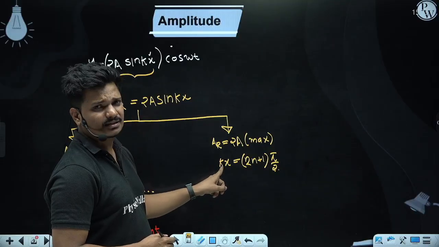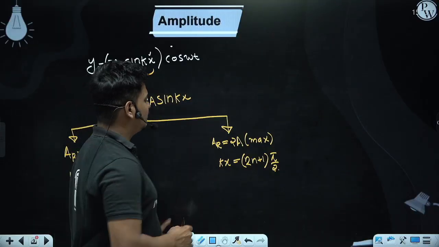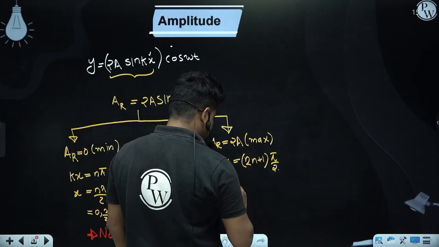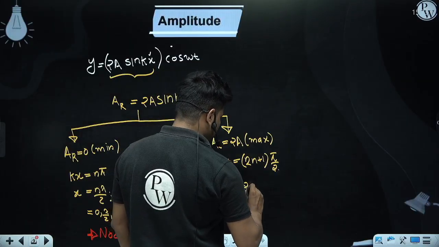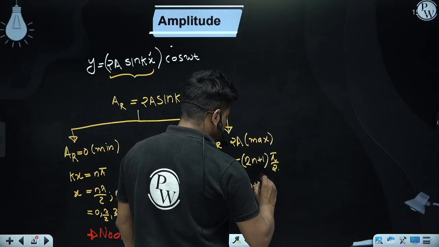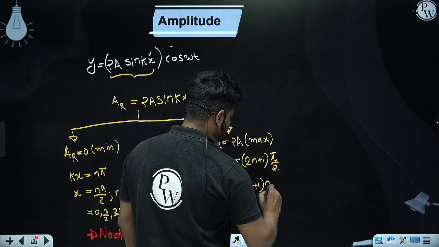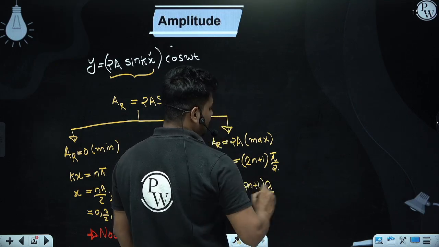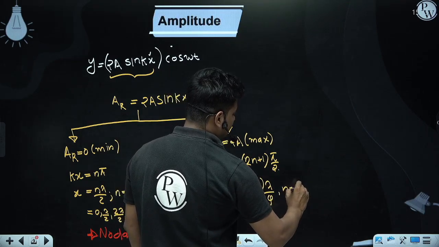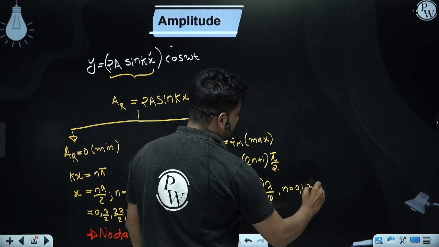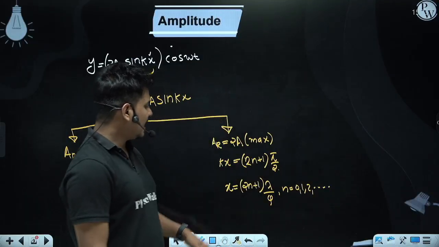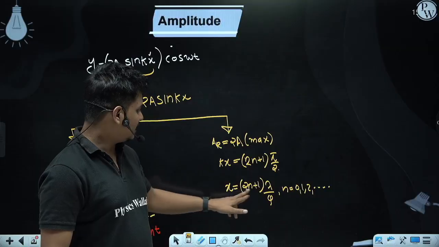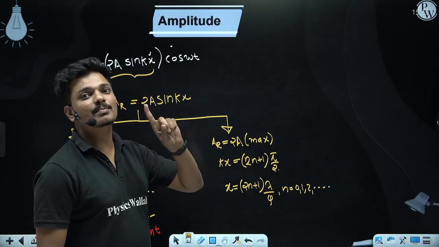Then what is k? k is 2 pi by lambda. Finally, at these locations x is equal to (2n plus 1) lambda by 4. And what is the n value? n equals 0, 1, 2 and goes on.